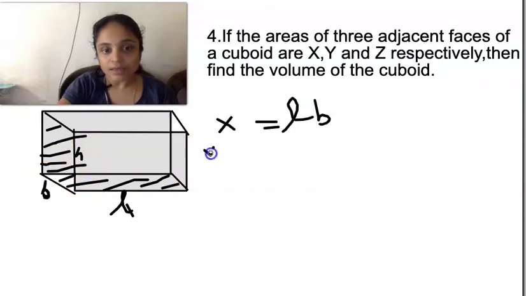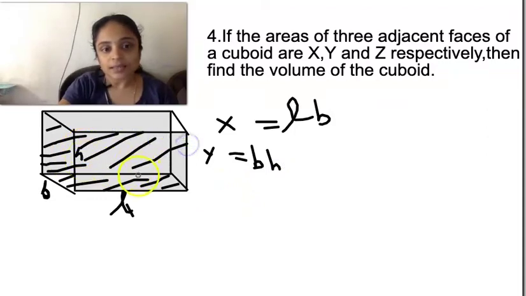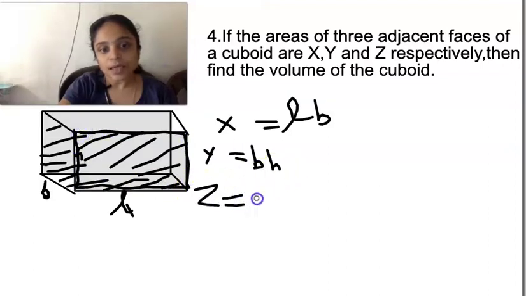So Y equal to B into H, and let this be another adjacent face, this rectangle with L as length and H as height. So here Z equal to L into H.